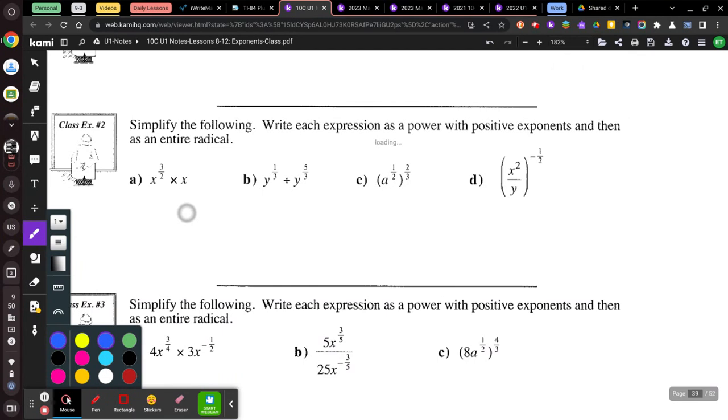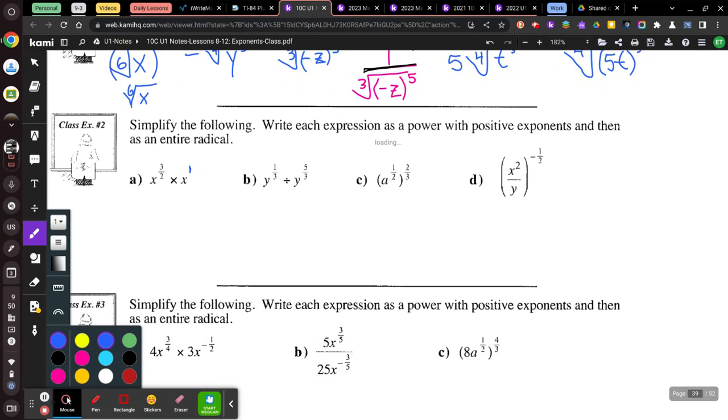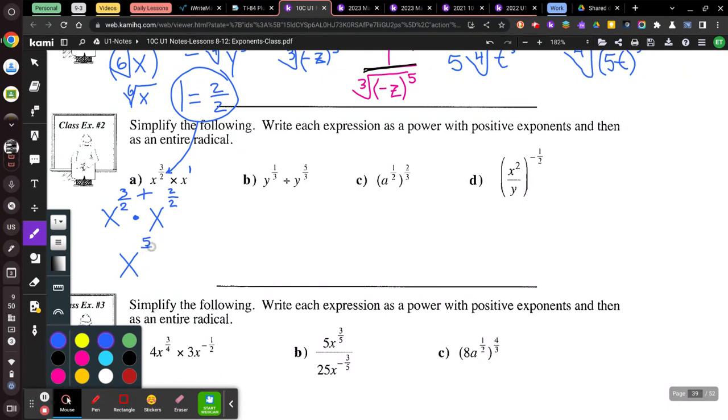So 1 is equal to 2 over 2, and the reason I'm saying 2 over 2 is because my bottom number here is a 2. So you're going to have x to the 3 over 2 timesing by x to the 2 over 2. And now I'm just adding fractions. So now you're just going to go x to the 5 over 2.